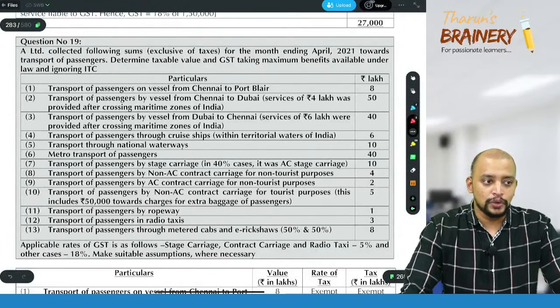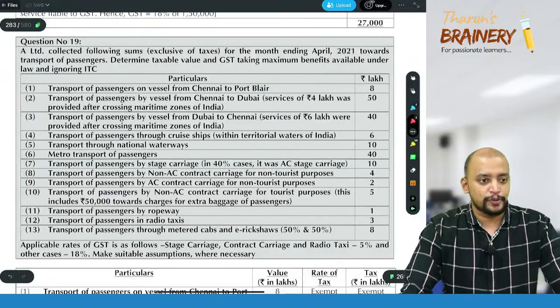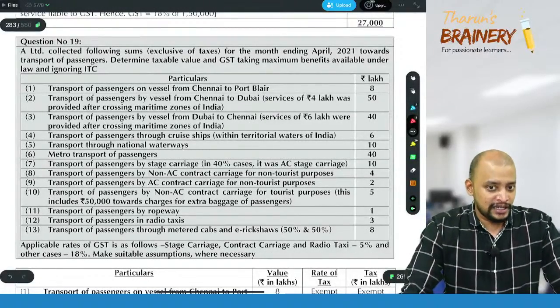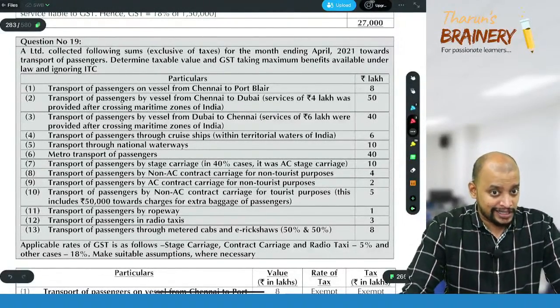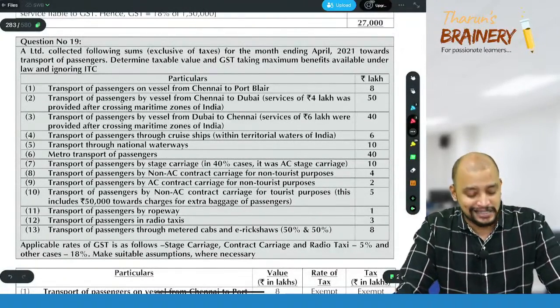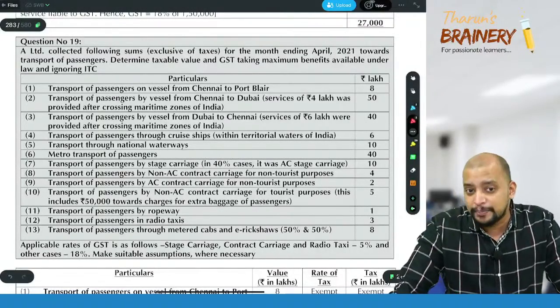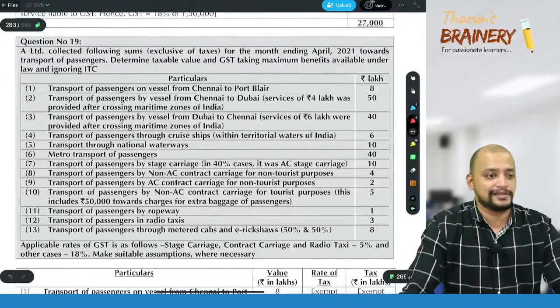Passengers, not goods. Passengers from Chennai to Port Blair will come under coastal waters. If it is predominantly for tourism purpose, it is taxable. There is no information, so considered to be public transport, therefore exempted.